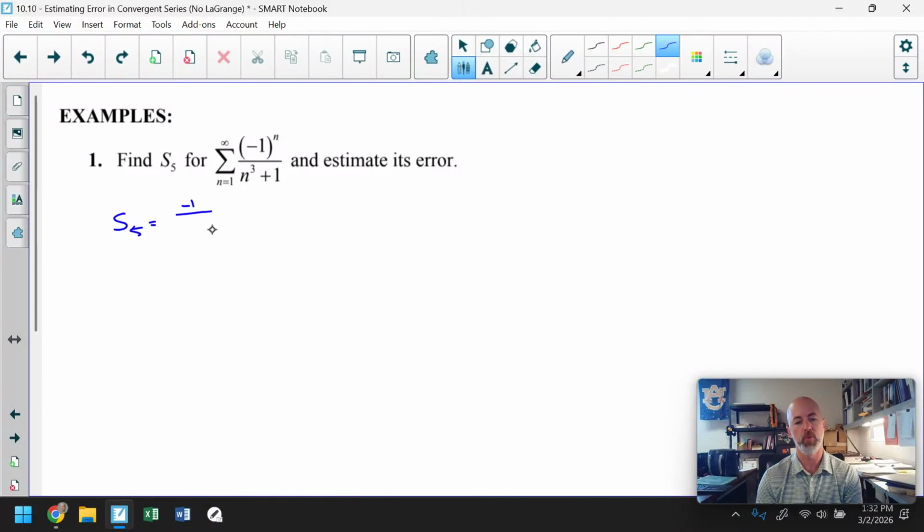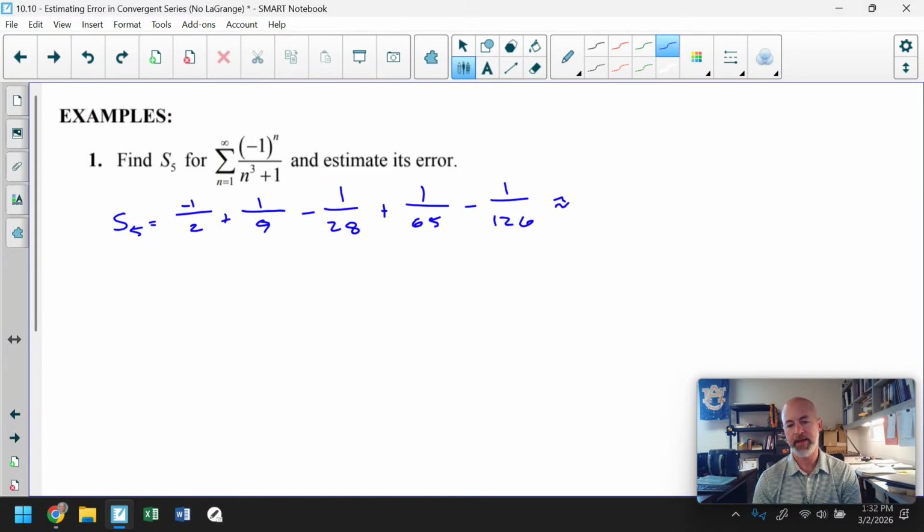So negative 1 over 1 cubed plus 1, plus, and it's going to alternate after that, 1 over 2 cubed plus 1, that's 8 plus 1 is 9, minus 1 over 3 cubed plus 1, which is 28, plus 1 over 4 cubed, which is 64, plus 1 is 65, and then 5 cubed is 125 plus 1 is 126. Just like I did on that last problem, I've gone ahead and punched this into a calculator to get an approximation. That ends up being negative 0.41716.